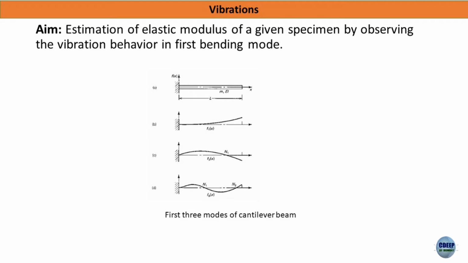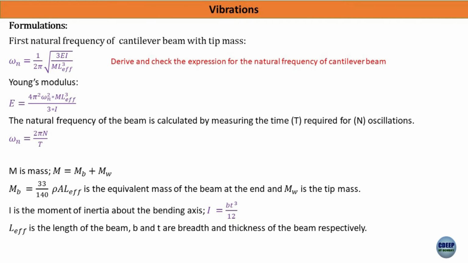Similarly, the third mode has 2 nodes at the equilibrium position. So the number of nodes at an equilibrium position defines the mode number of an elastic body. In this experiment, we are using a steel scale as a cantilever beam to excite it to its first frequency and calculate the Young's modulus of the steel.